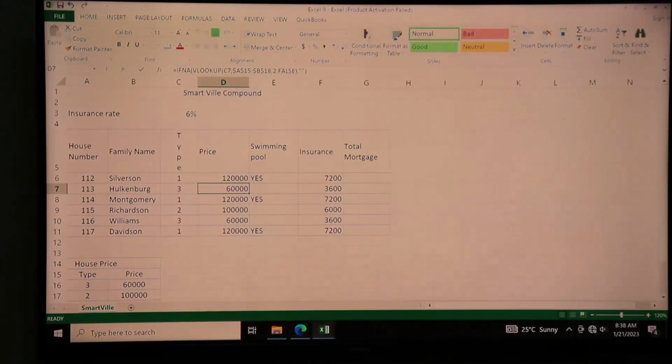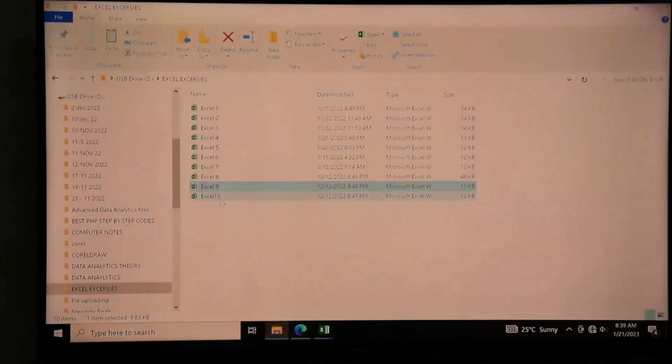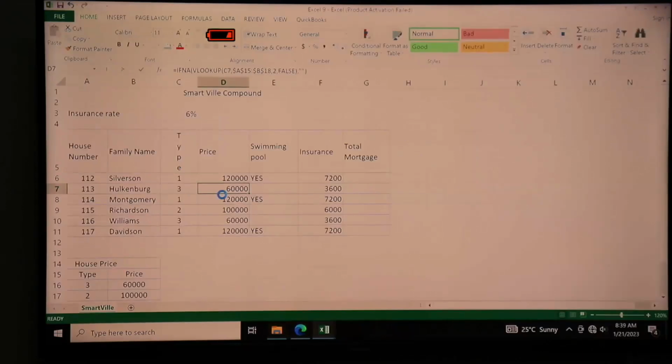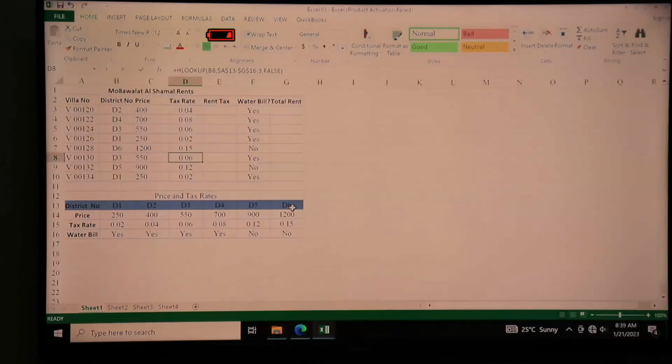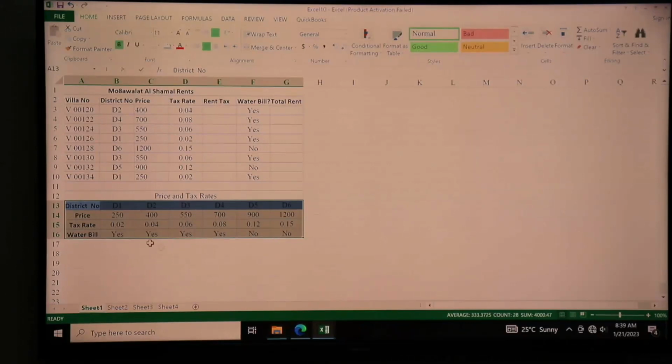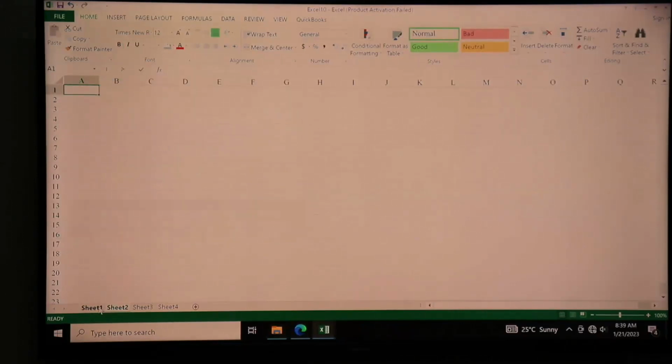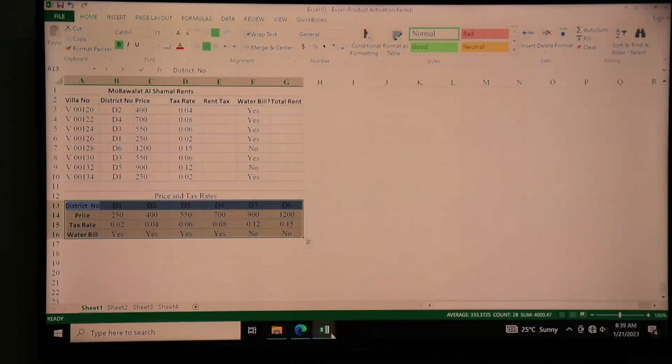Yeah, such a situation whereby the cells to be looked up for, they're in a specific table. Cells to be looked up for are given in a specific table.